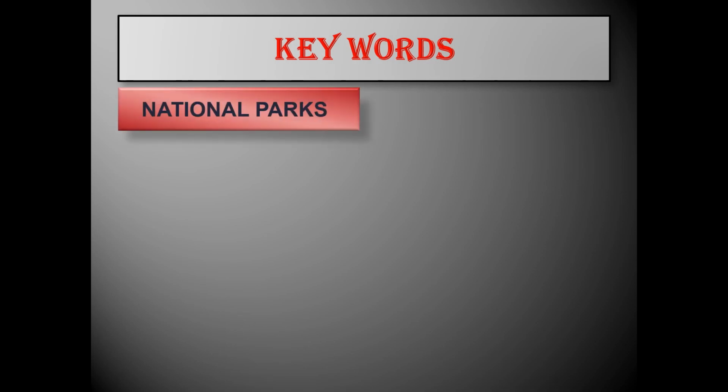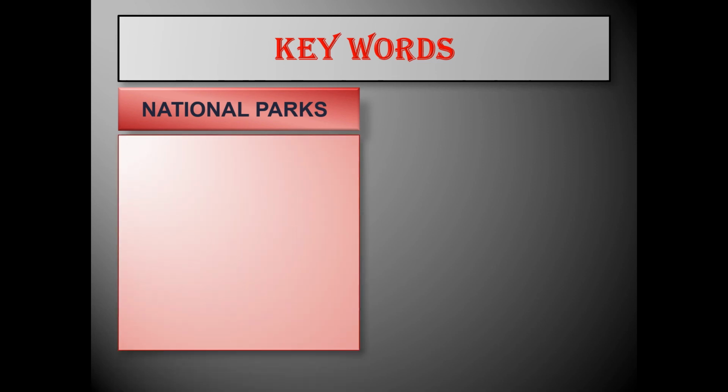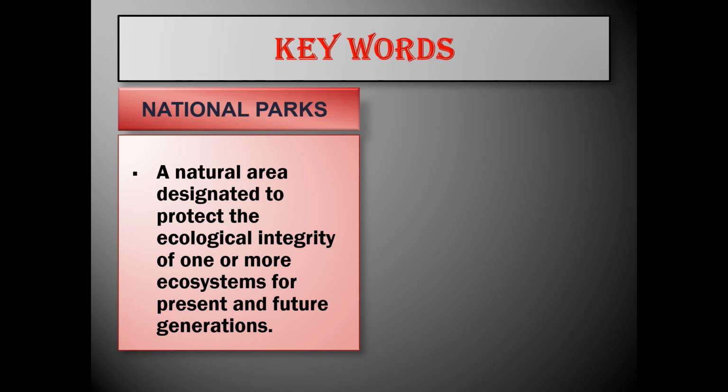So in the last, we are going to discuss the keywords of part 2 of the video that contains majorly two topics, that is national parks. National parks, let us know what these are. National parks are natural areas designated to protect the ecological integrity of one or more ecosystems for the present and future generations.